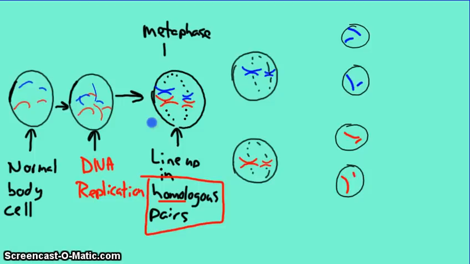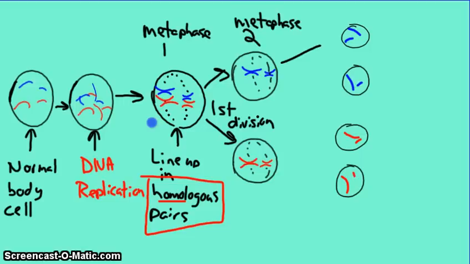The next thing that happens is the first division. Okay? And you will notice that there is going to be 2 cell divisions in meiosis instead of just 1. The first division occurs, and then we get into metaphase 2.